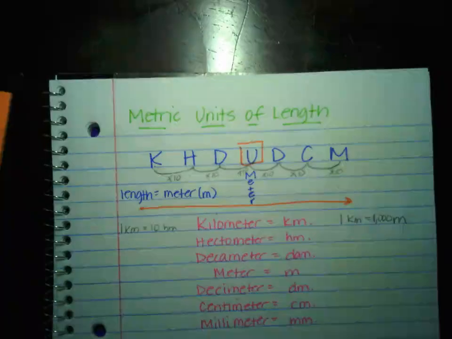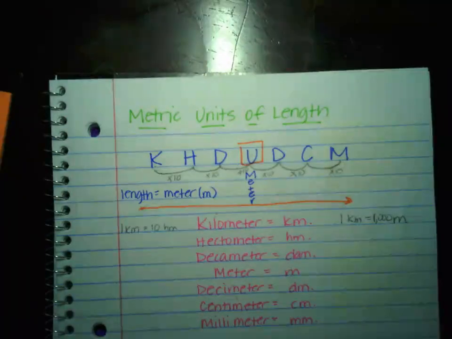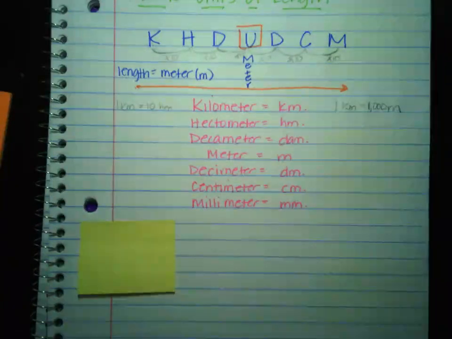As we focus on our conversions today, you're going to need scrap paper, so go ahead and get that. Our first conversion is here. We're going to have to use this to help us.